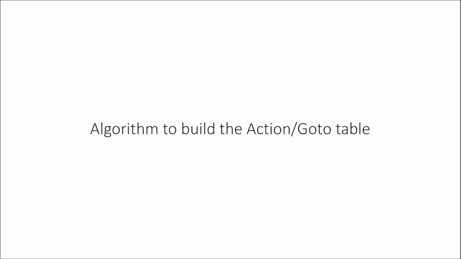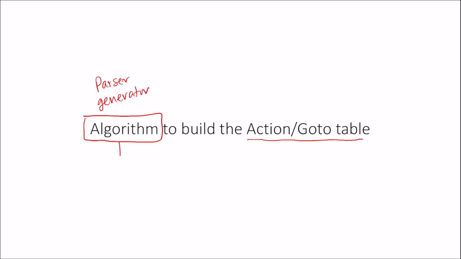Next, we're going to look at the algorithm to build the action goto table that we used in the example that we just saw. So once we have an action goto table, we know that it contains all the instructions for what to do. If I have a certain input string, at each step it tells me whether to shift or to reduce, etc. So this algorithm is a parser generator. What it's going to do is generate essentially the action goto table.